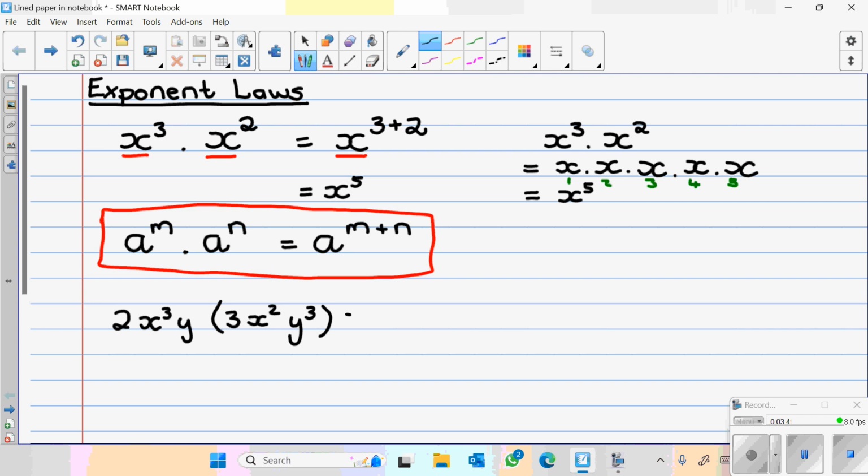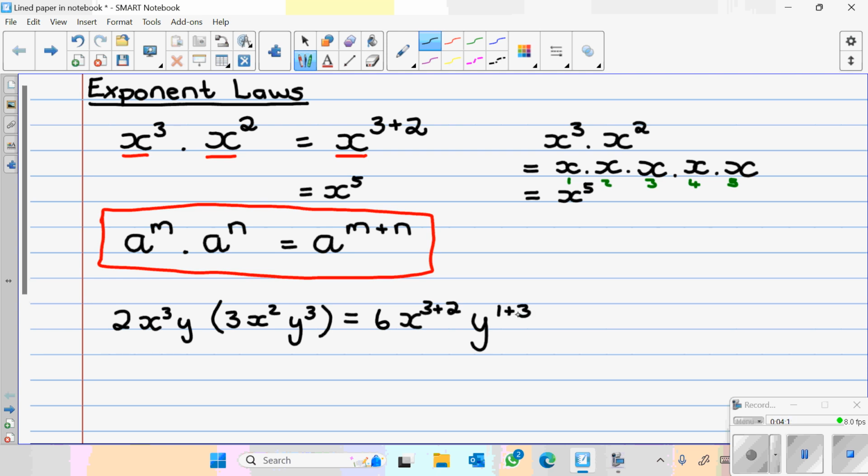Then my answer is 2 times 3, which is 6, x to the power of 3 plus 2, and y to the power of 1 plus 3.